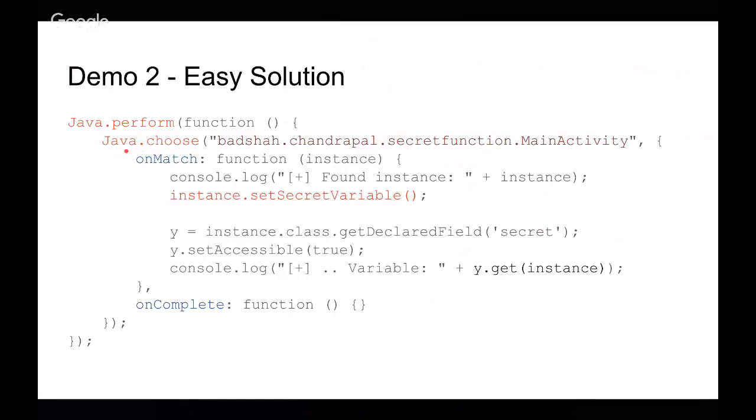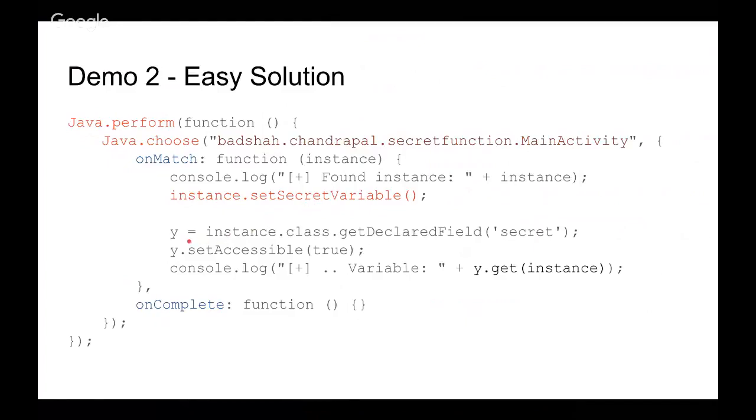Instead, we use Java.choose on this class. If this class is present in memory, onMatch executes. If yes, then console.log "found instance" and the variable being passed, you just print that out. Then you say instance.setSecret variable, where we are explicitly calling the function.